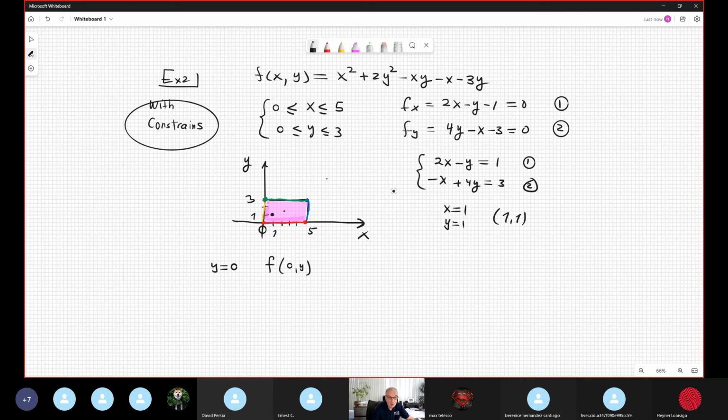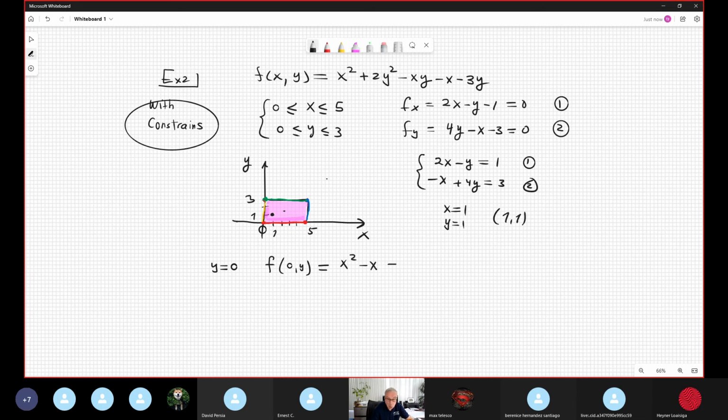Any point here is (1, 0), (2, 0), (3, 0), (4, 0), (5, 0). You evaluate here, and you have x squared minus x, because y equals 0 eliminates the other terms.